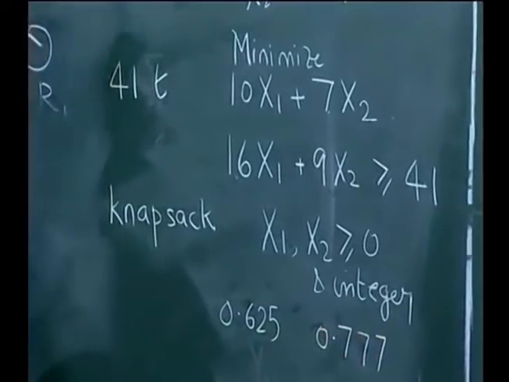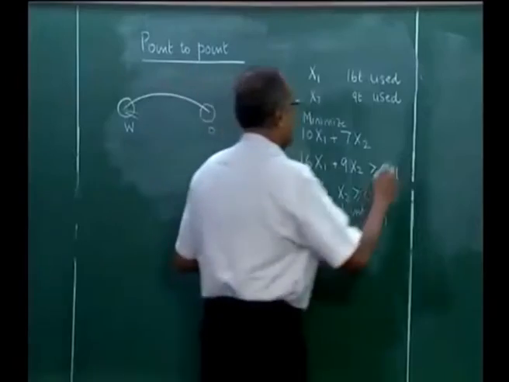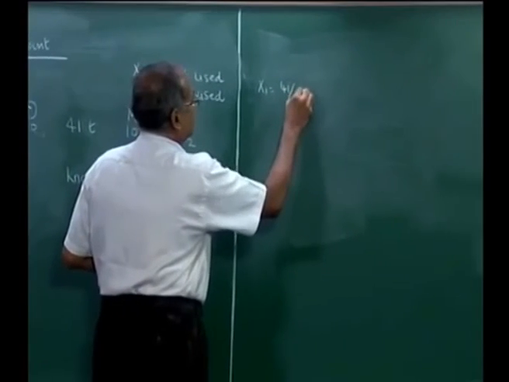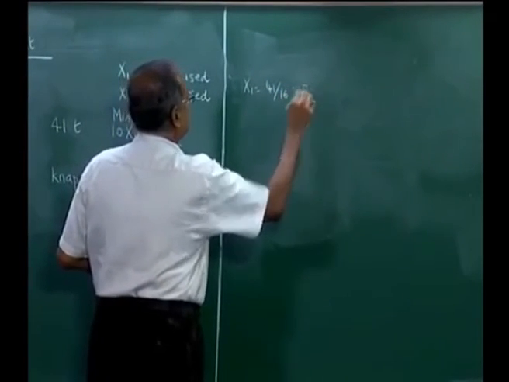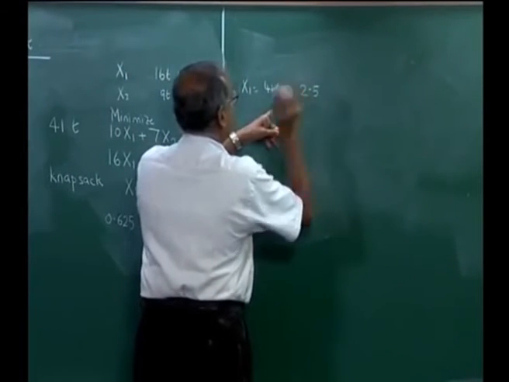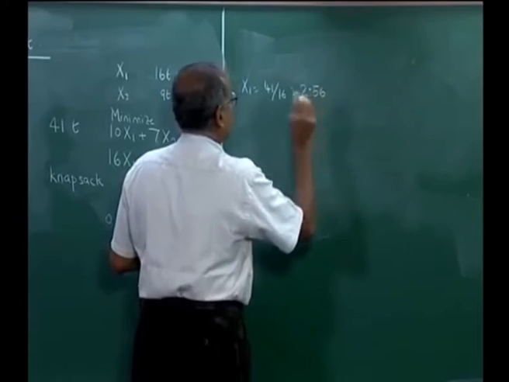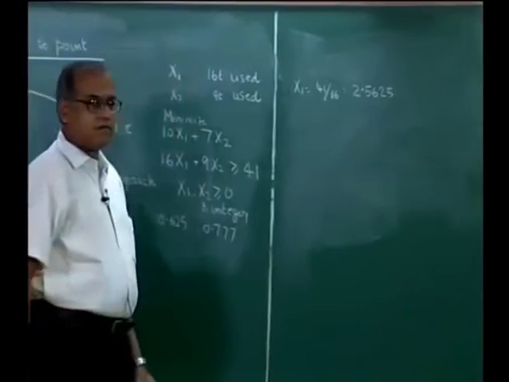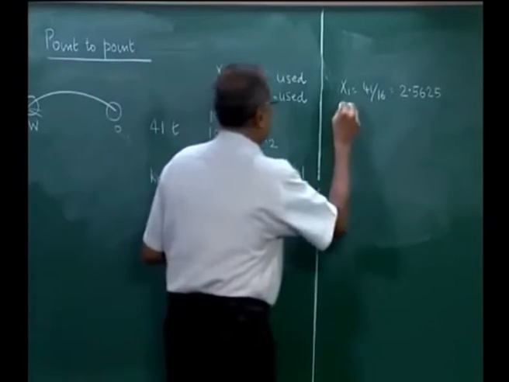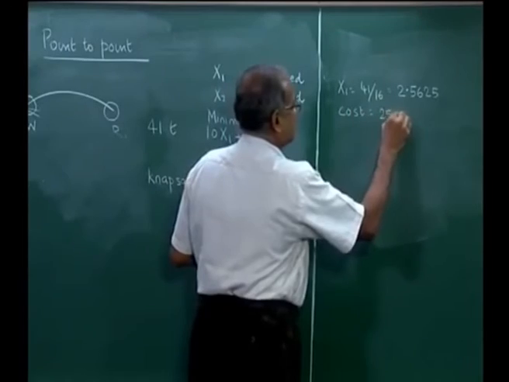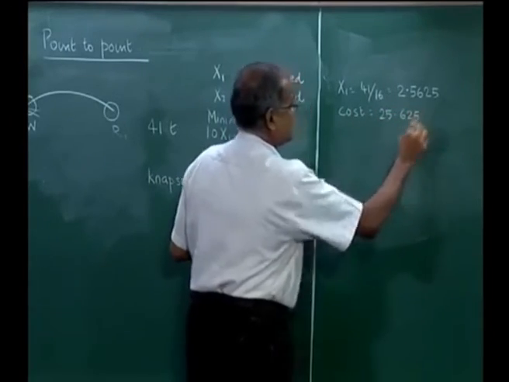So, the LP solution would give us x1 equal to 41 by 16, which is 2.5625, and cost equal to 25.625.